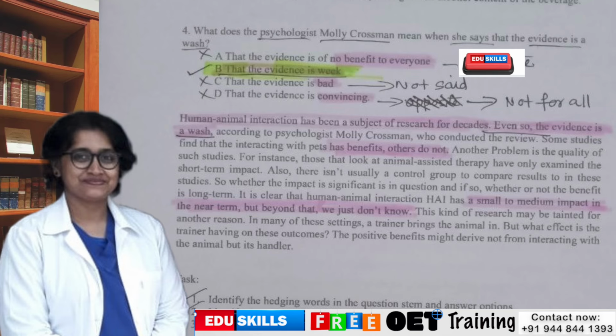That means it is not convincing, but option D says it is convincing, so it is wrong. And it doesn't say it is bad, because it is good for some people, so option C is also wrong.